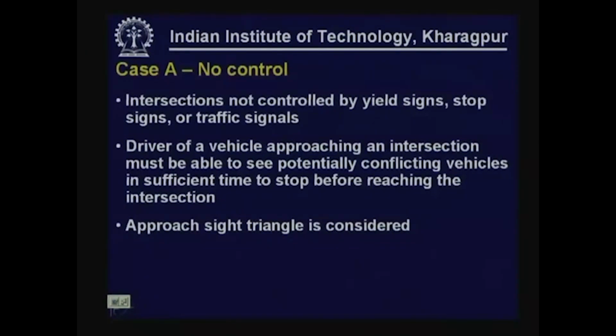You can understand clearly this is a case where approach sight triangles should be considered, because the vehicle is in motion and is not bound to stop under normal conditions. It will stop only if it is necessary and if there is another potentially conflicting vehicle on the other road. Therefore, in this case approach sight triangles should be considered.